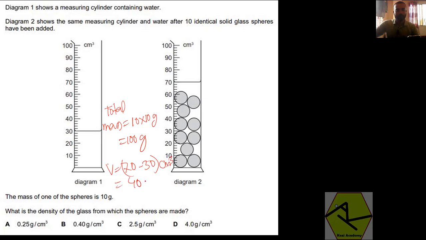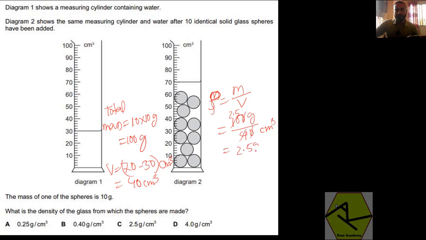In that case, we will find the density equals to m divided by V. So m was 100 gram divided by volume V, 40 cubic centimeter. So this is 2.5 gram per cubic centimeter.